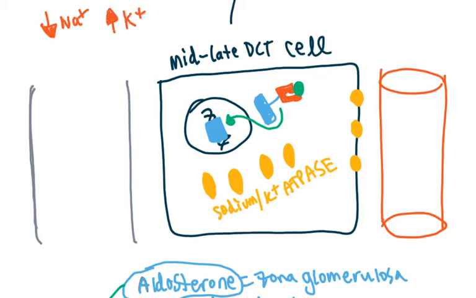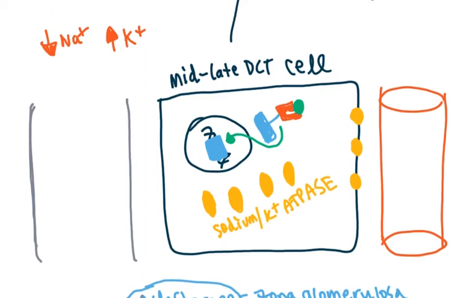Remember, low sodium levels in the blood, we'll talk about, really activate the macula densa cells in the distal convoluted tubule of the kidney, and then further activate the juxtaglomerular cells in the afferent arteriole. And high potassium levels can also trigger the adrenal cortex to make aldosterone. So to lower the potassium levels and increase the sodium levels, that's what aldosterone needs to do.